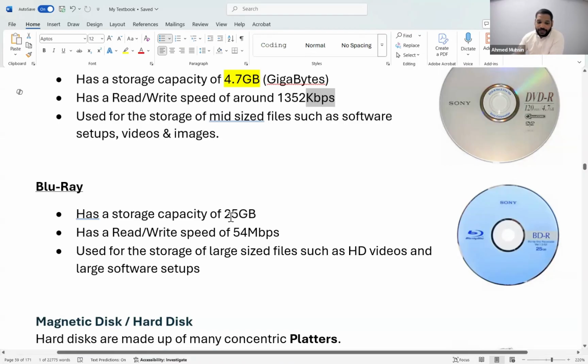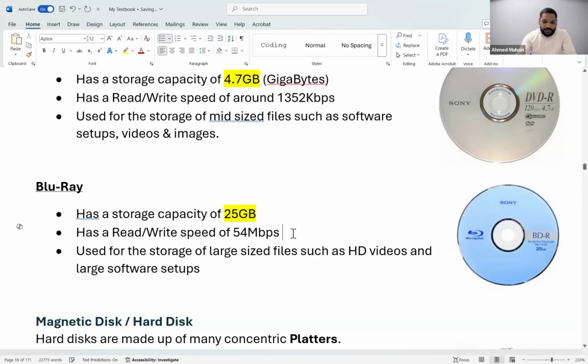Can you highlight the storage capacity? And over here, the speed will be megabits per second. Hurry up, please.